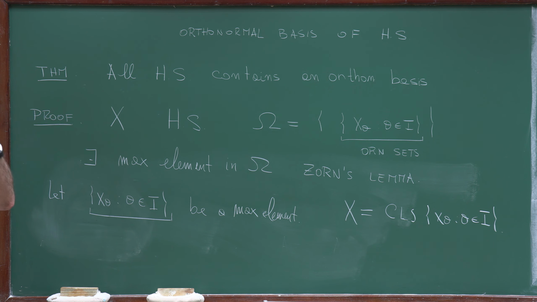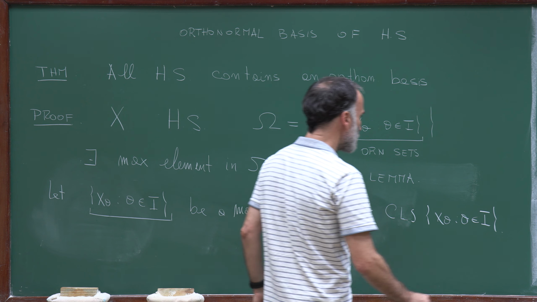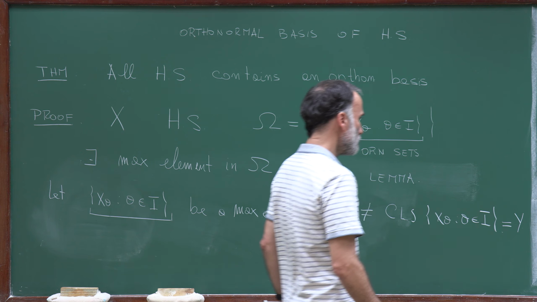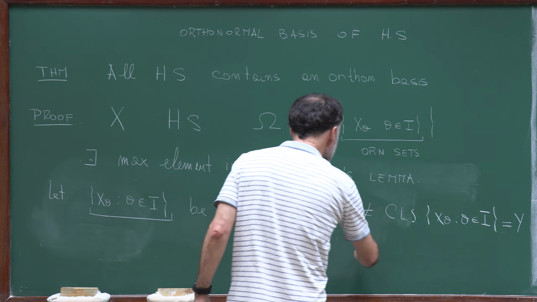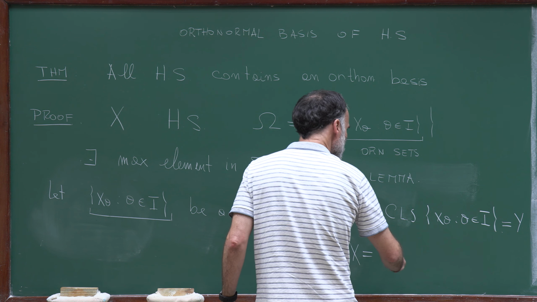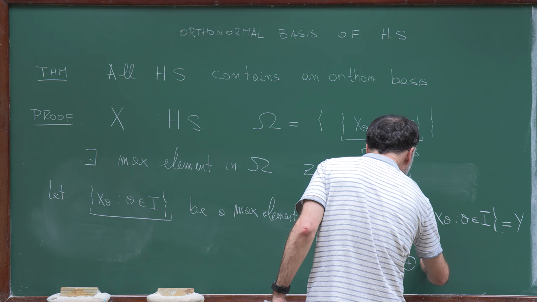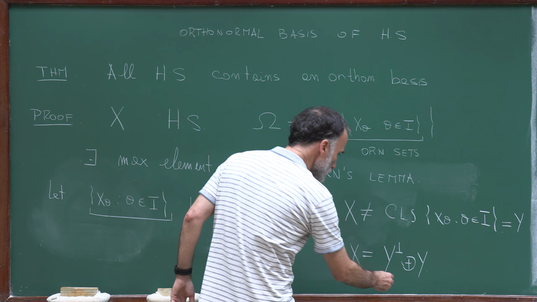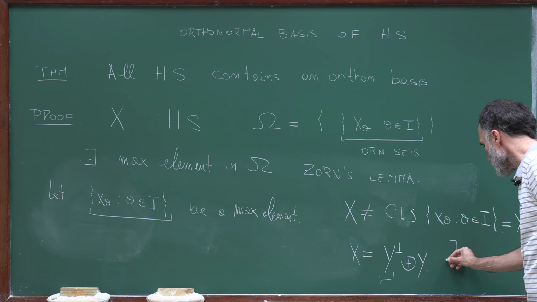And we'll proceed by contradiction. Well, assume it's not. Let me call this set Y. So this set is a closed linear subspace of X. So X, we know that it's equal to the orthogonal complement of Y plus Y. If Y is different from X, it means that Y perp contains a non-trivial element.